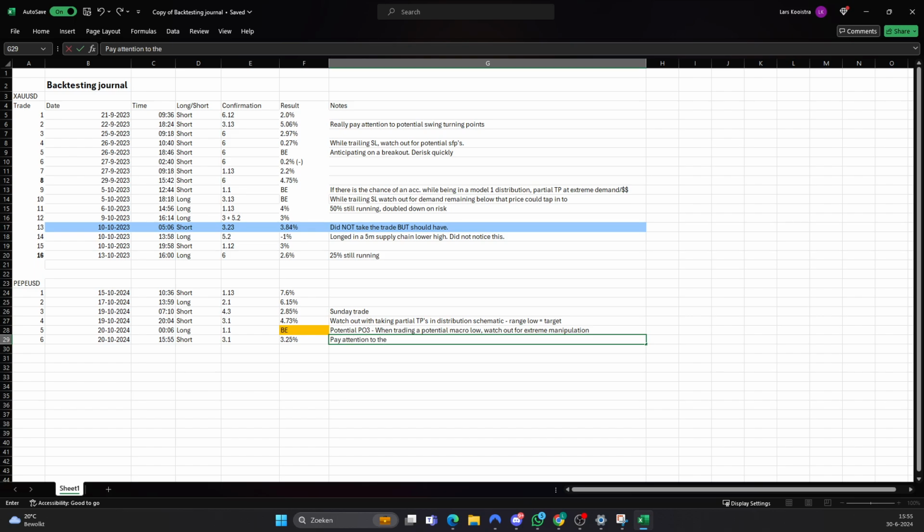to the macro environment, to the bigger or higher time frame environment, because it doesn't really have to be macro, right? It could also be, if you're on the 1 minute, you should check the 10 minute. Pay attention to the higher time frame environment.